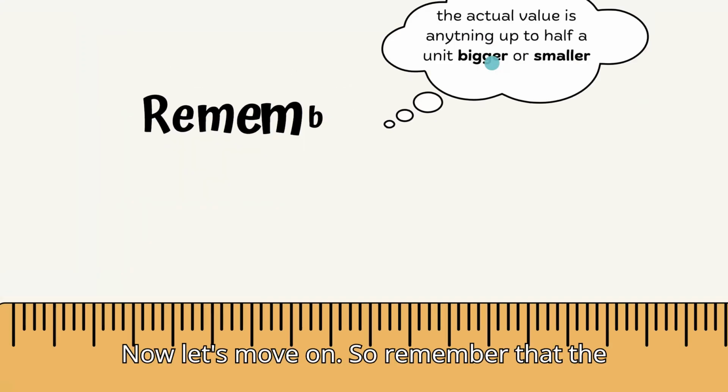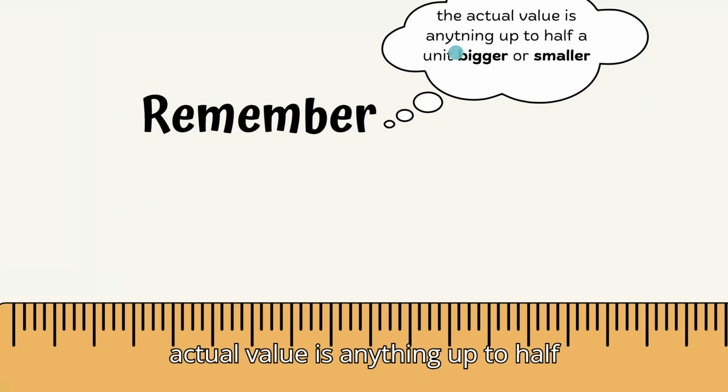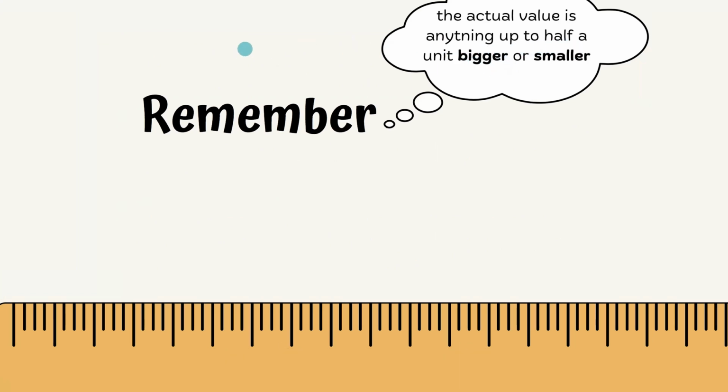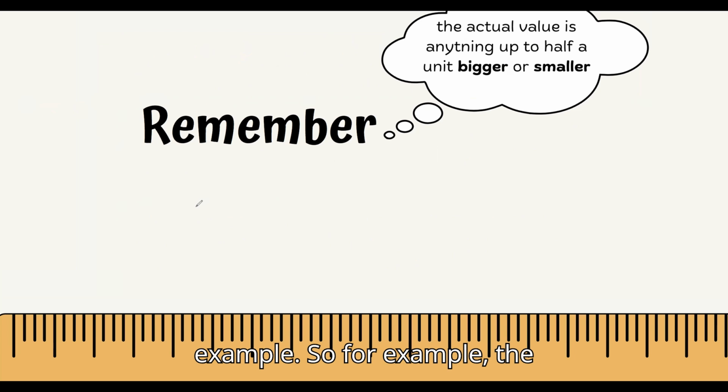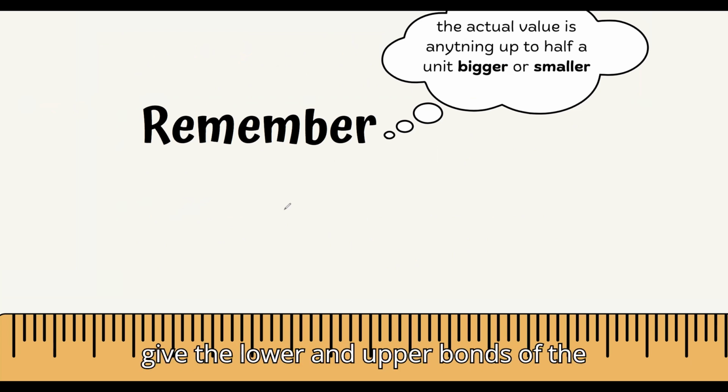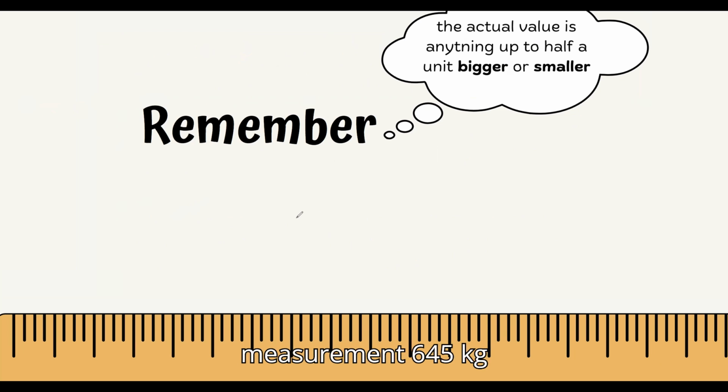Now let's move on. Remember that the actual value is anything up to half a unit bigger or smaller. Now let's take a look at another example. The question is that you have to give the lower and upper bounds of the measurement 645 kg measured to the nearest kg.